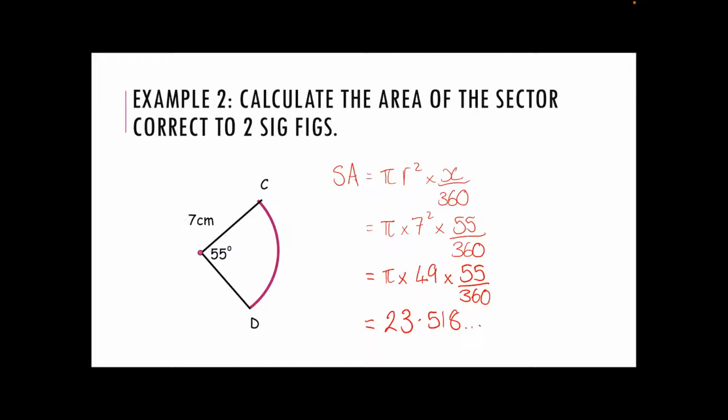Same thing as before then, my two highest place values are my tens and my units. The next place value, which is our 5/10ths, tells us that we need to round up. So it is 24. And then to check my units, it's going to be centimetres squared.